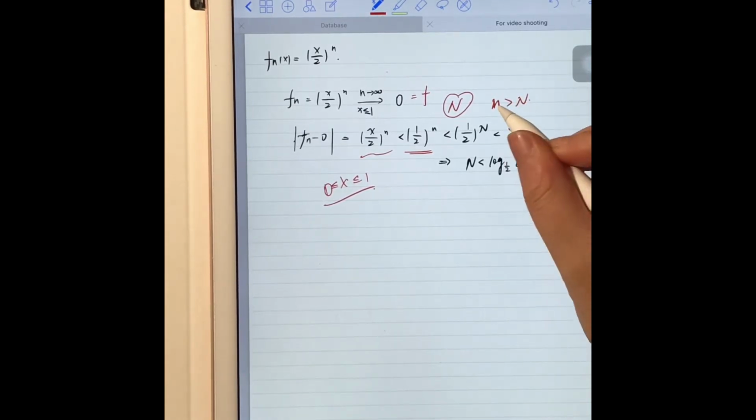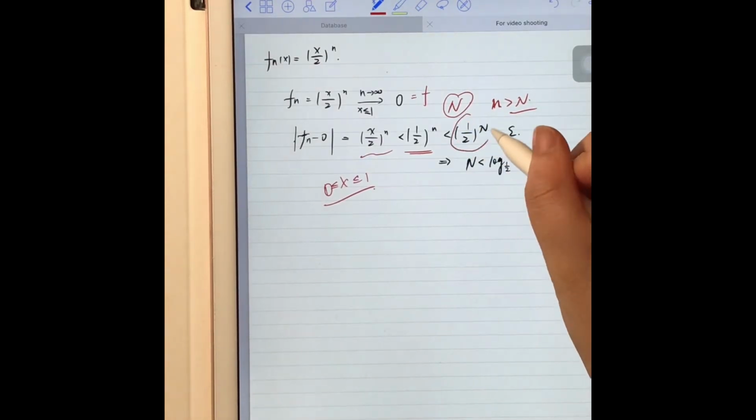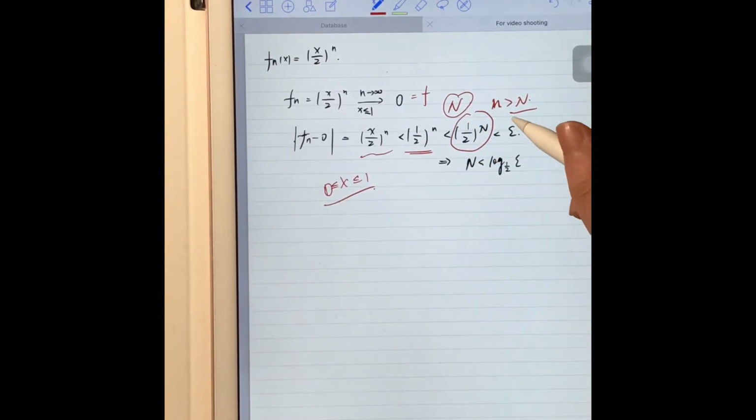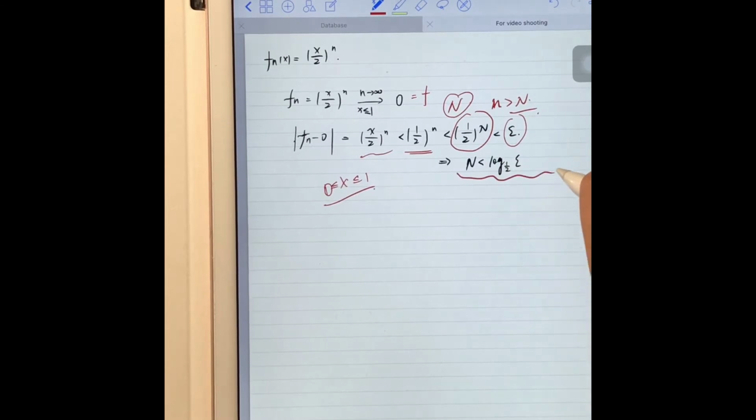So we know that n is larger than capital N. That is to say, 1 over 2 to the power of n is smaller than 1 over 2 to the power of capital N, right? We want to show that this part is smaller than epsilon. So we are going to try to find such an N.